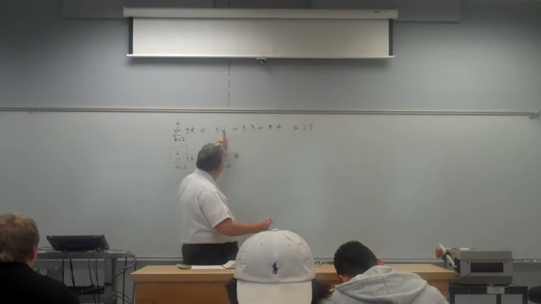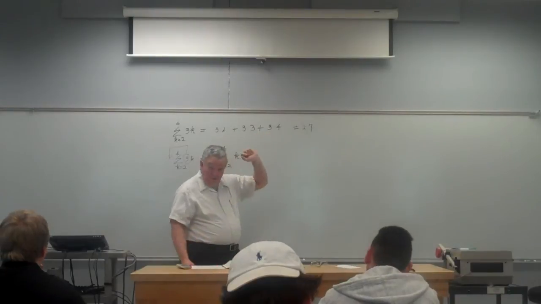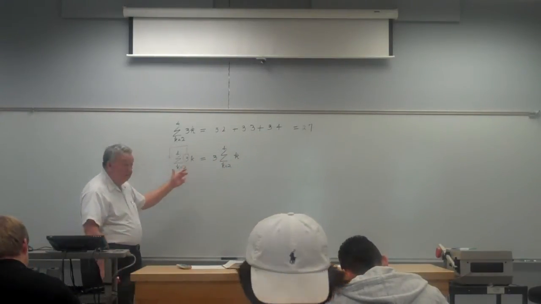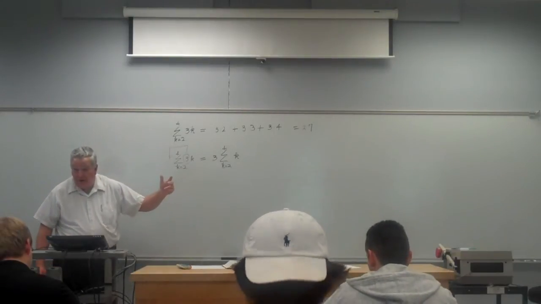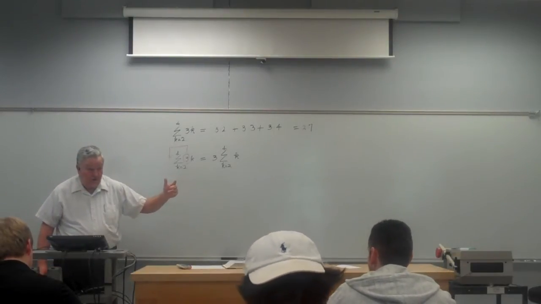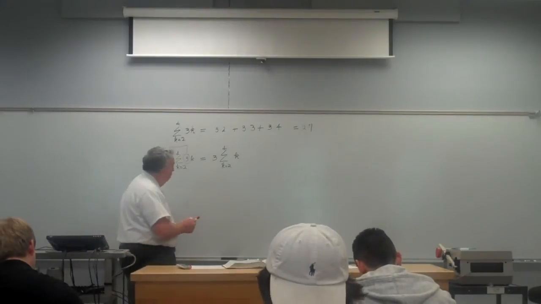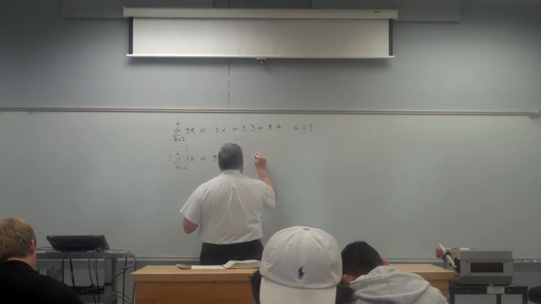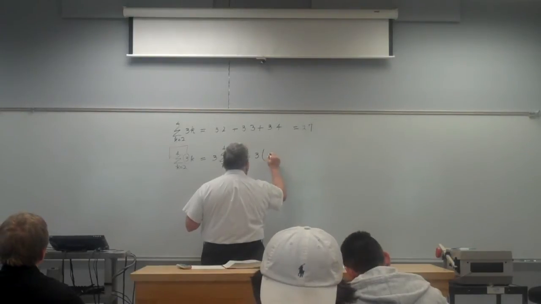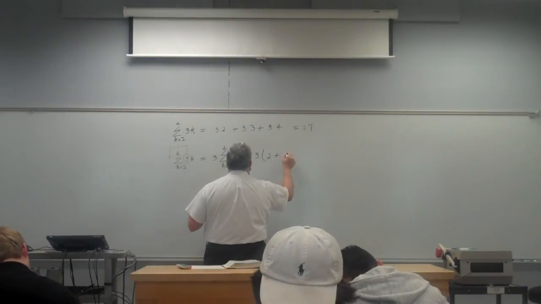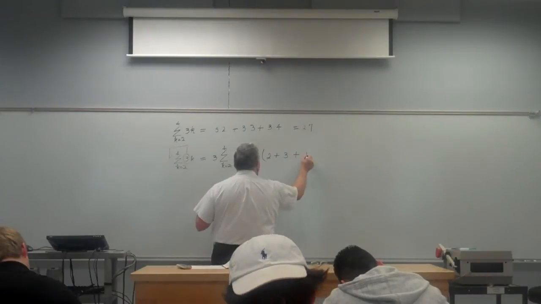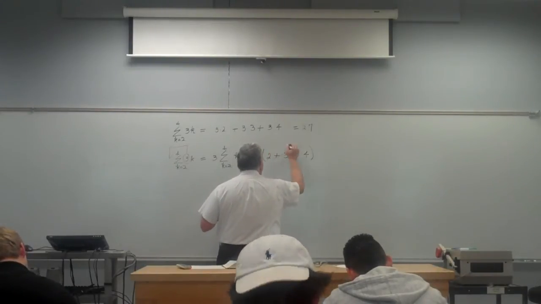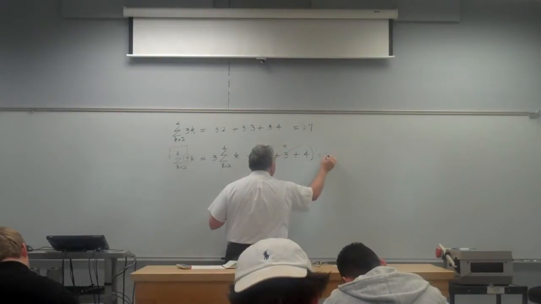Could I not factor a 3 out of every term? What I want you to notice is that's nothing but the distributive property. Everybody agree? So that's the same thing as 3 times 2 plus 3 plus 4, which is 3 times 9, which is 27.